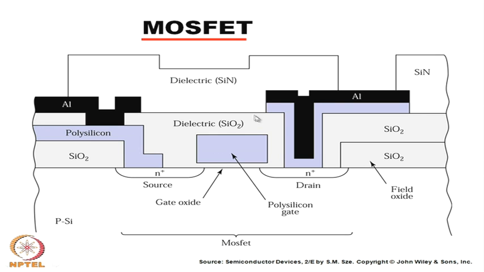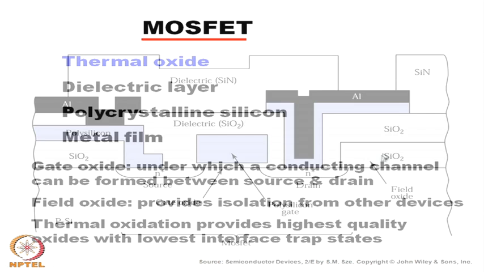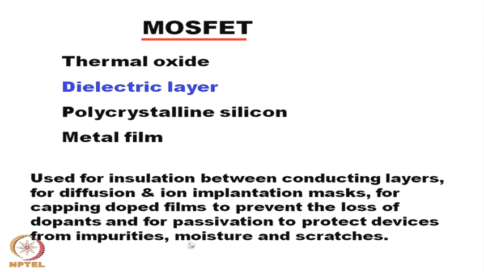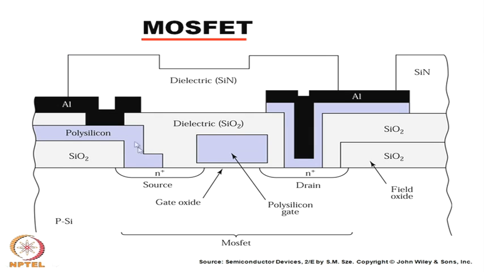Here in this diagram you can see that this is the dielectric layer; silicon nitride is deposited at the top throughout the devices to protect them from scratches, impurities, moisture, etc. Another important layer you see is the polysilicon layer.